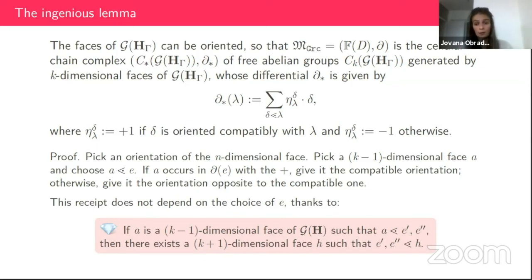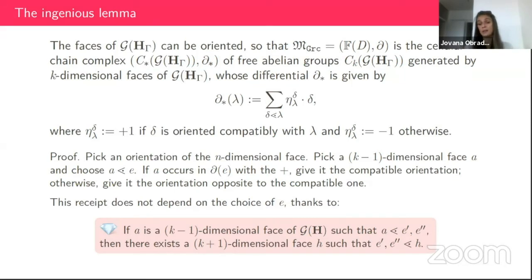So by invoking the diamond property, if we imagine that A is covered both by E prime and E second, we pick this face H, which is promised to us. We apply the square of the differential to H. Since the differential squares to 0, this will give us an equality involving various signs.